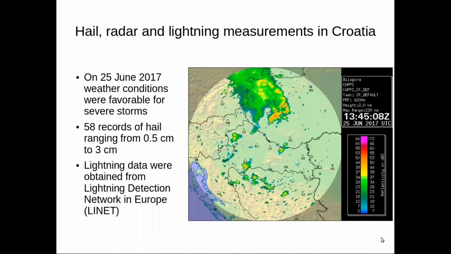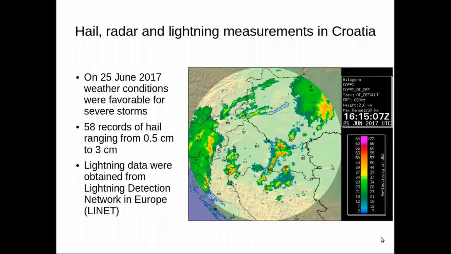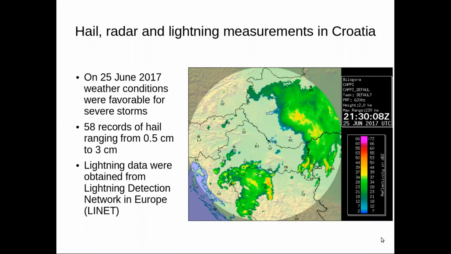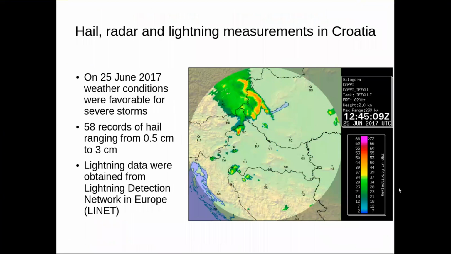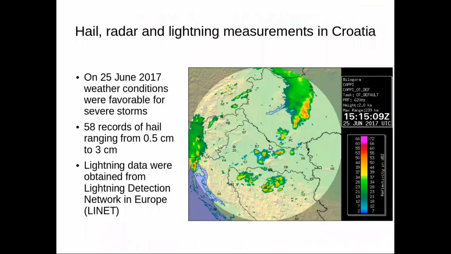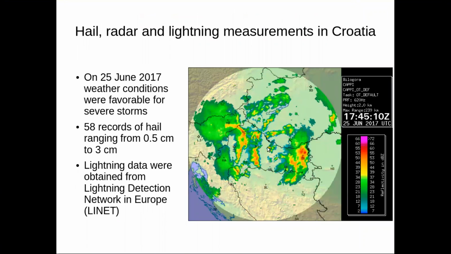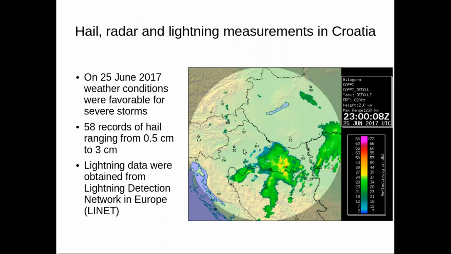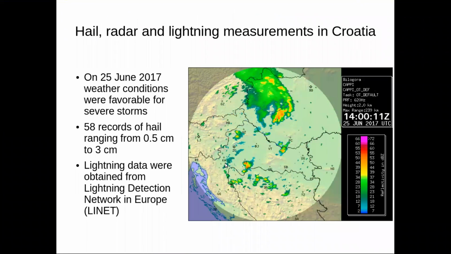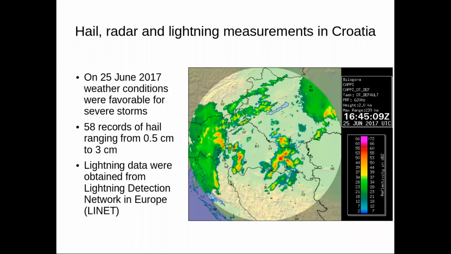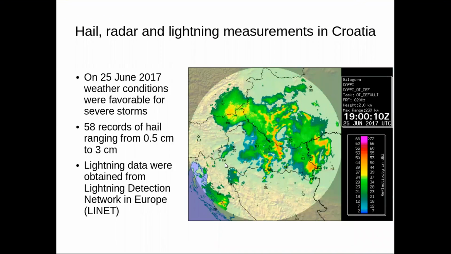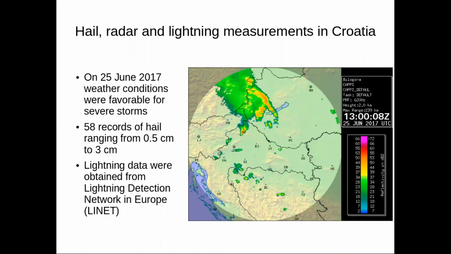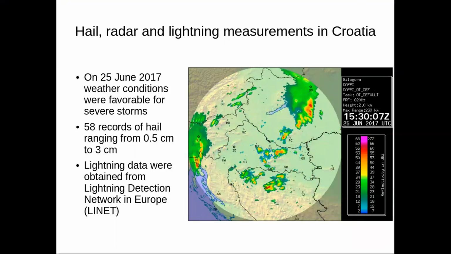So on the 25th of June 2017, there was plenty of convection going on in the region of Croatia, and in the continental part, which is covered with multiple radars, from which we are using the Bilogora radar. We can see that multiple convective systems combining into larger systems are passing over, causing a lot of severe weather within the observed domain.